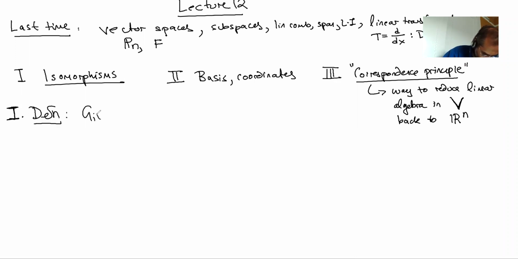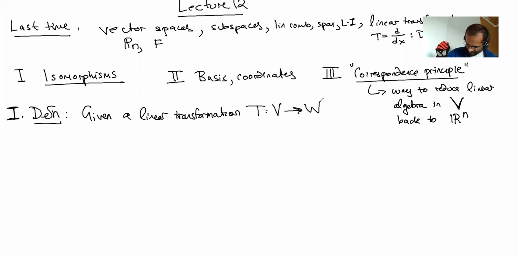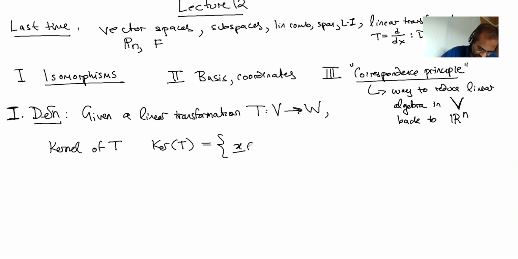Given a linear transformation T going from some vector space V to some vector space W, the kernel of T, denoted ker of T, is the set of vectors x in the domain so that T of x equals 0.